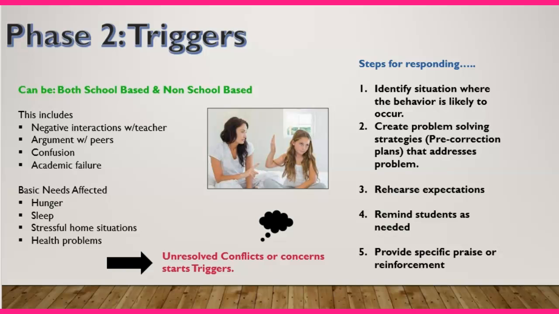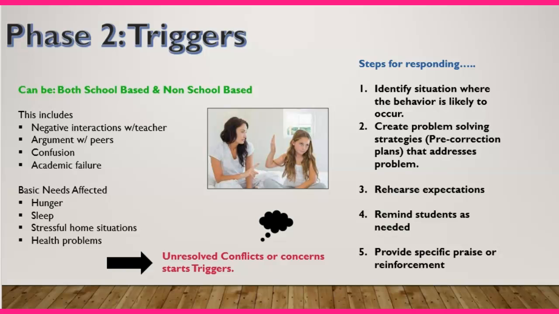They argue with their peers. They show confusion and lots of academic failure, and they just do not want to be involved. Their basic needs are also affected. The needs are basically hunger, sleep, and things like stressful home situations and health problems.